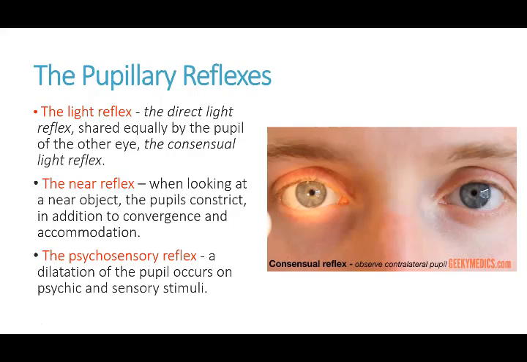And accommodation, you have read about it in the lens and in refraction, that the crystalline lens in our eyes has the capacity to increase its focus and be able to read from a near distance. That is accommodation. Okay, so there is a light reflex and a near reflex.